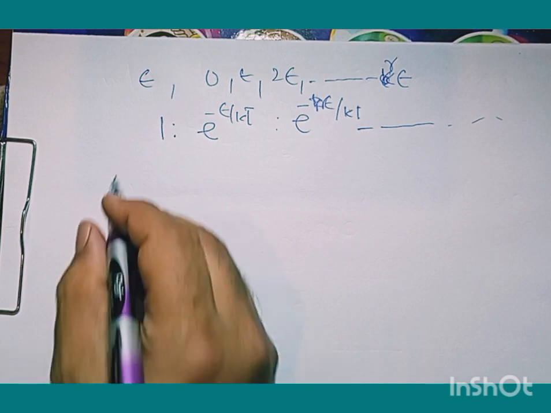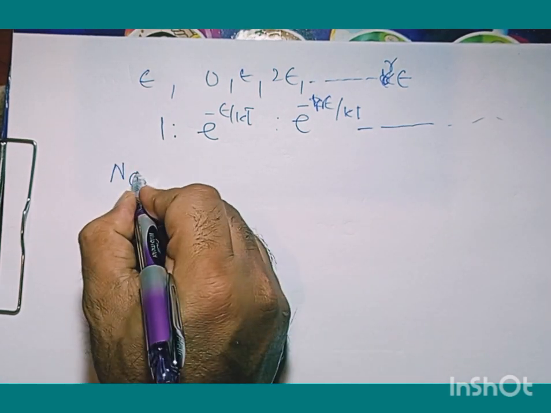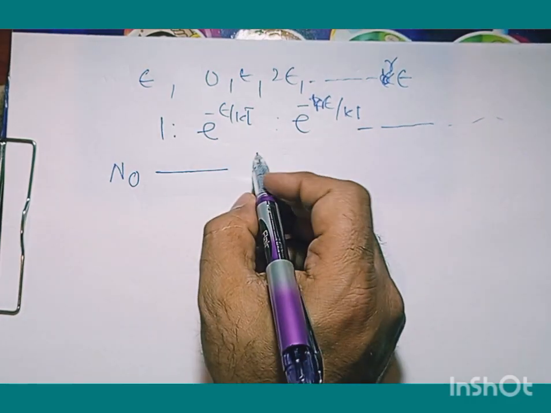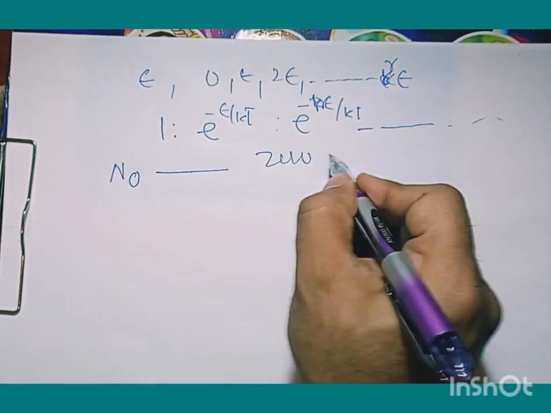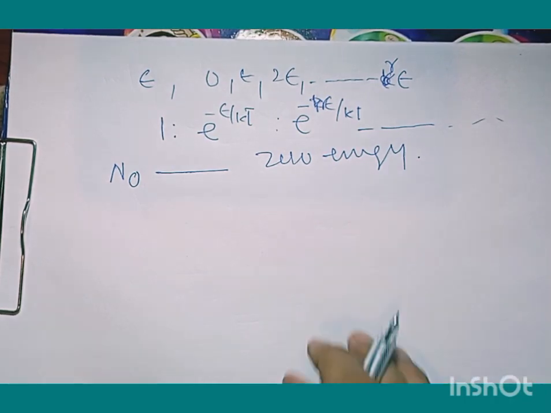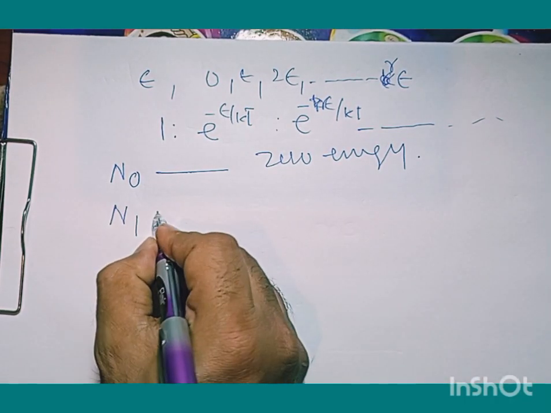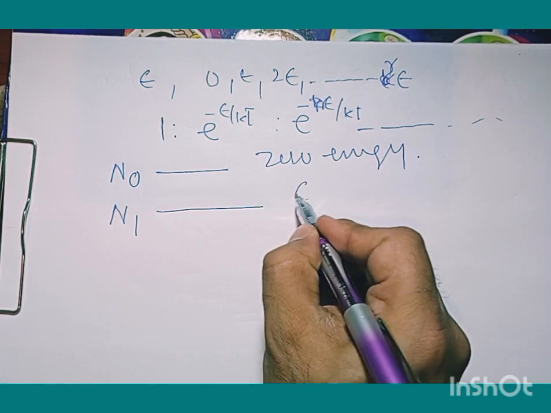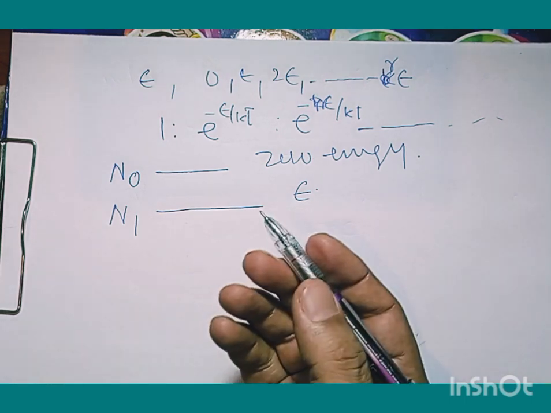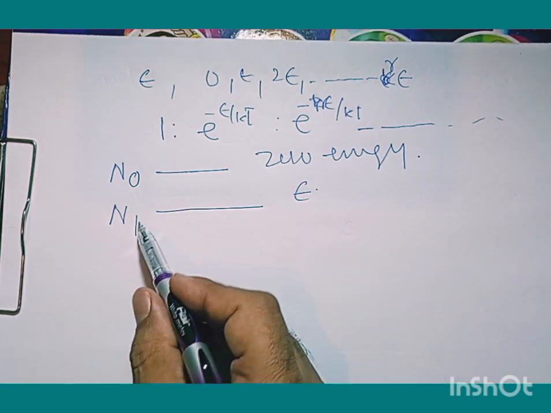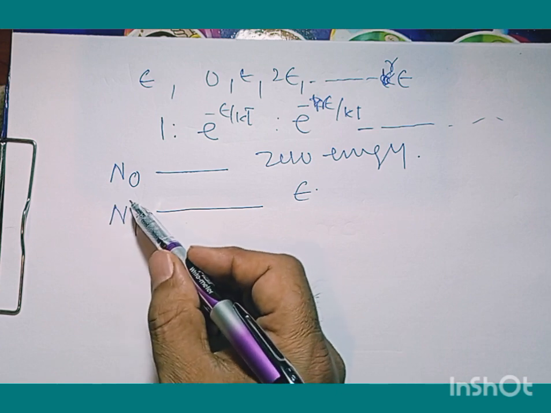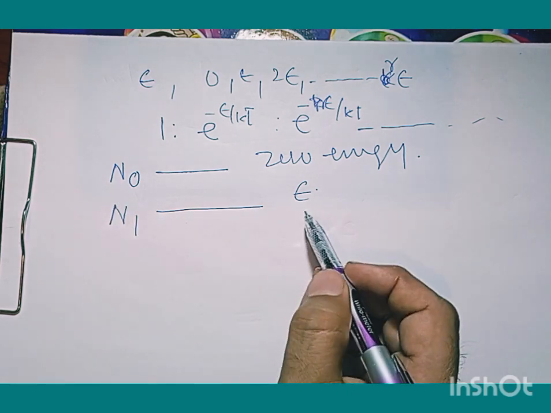Now, if I assume that N0 is the number of resonators that have energy equal to 0, I mean, they have 0 energy, then the number N1 of resonators that have the energy equal to epsilon, what will be their number?